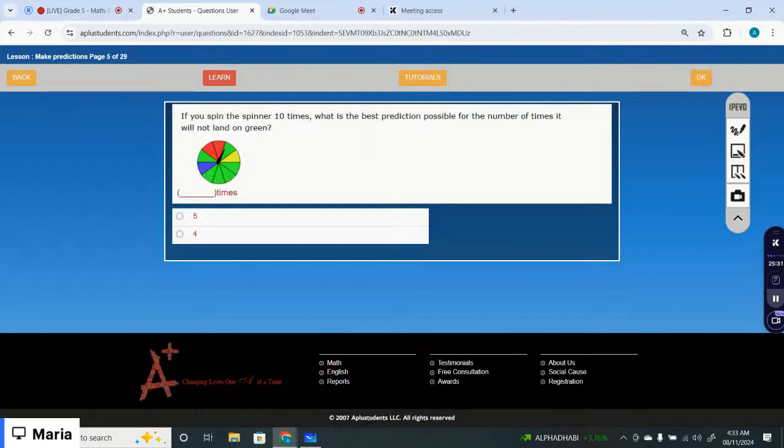If you spin the spinner 10 times, what is the best prediction possible for the number of times it will not land on green? So, which is the correct option? Not green means the other colors, right?